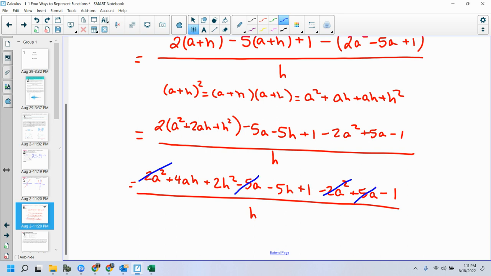Yeah. Plus 1 minus 1? Goodbye. Okay, so what does that reduce into? That reduces into 4ah minus 5h. Oh, I forgot my plus 2h squared. I don't think order matters here. Plus 2h squared minus 5h, all divided by h.